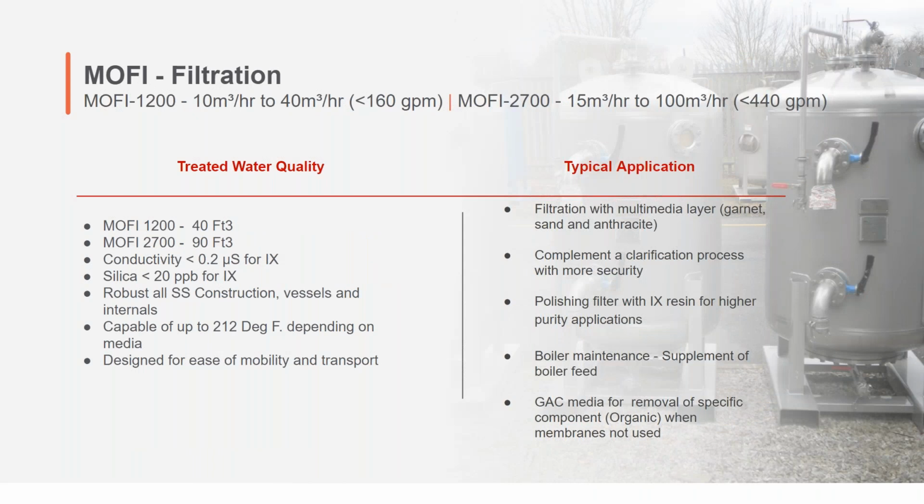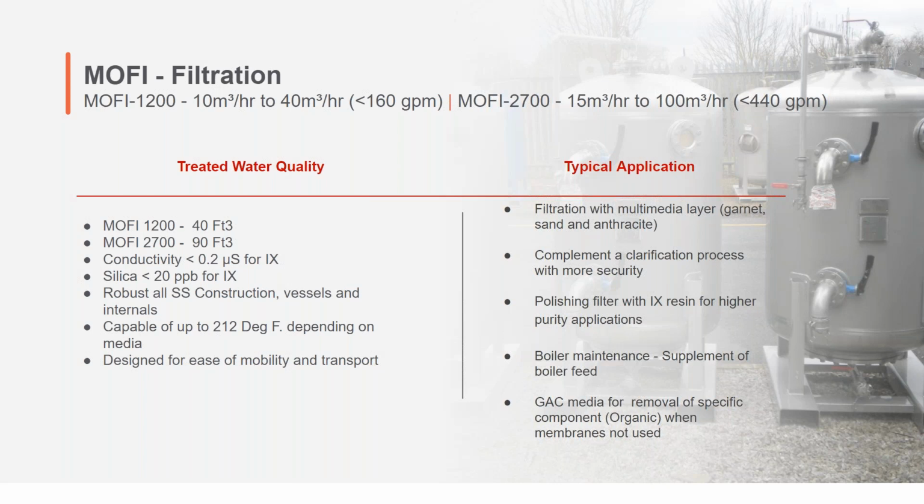These are our portable vessels that we use for multiple purposes. They can be supplied for use with separate bed cation or anion resin, mixed bed DI resin, multimedia filtration, or activated carbon filtration.